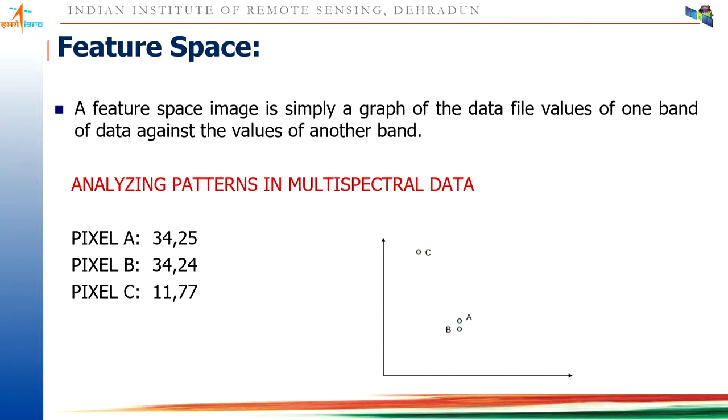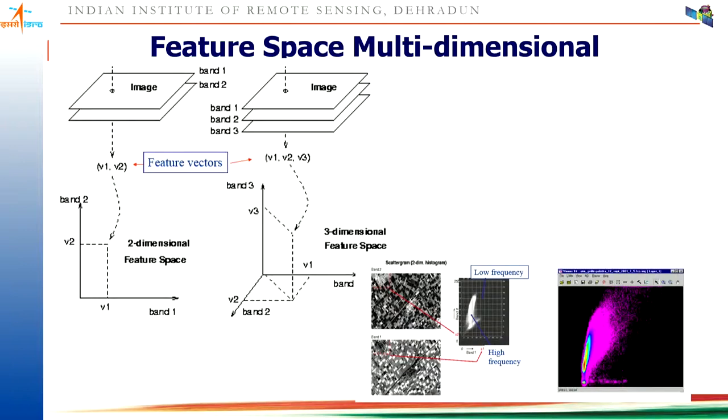For doing the classification digitally, the data has to be converted from image space to feature space. This representation of pixels in an n-dimensional graph is called feature space. This is a very important concept. Based on that only, you will be able to understand most of the classification.